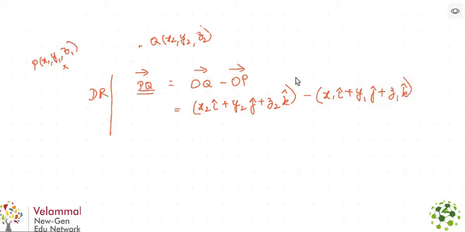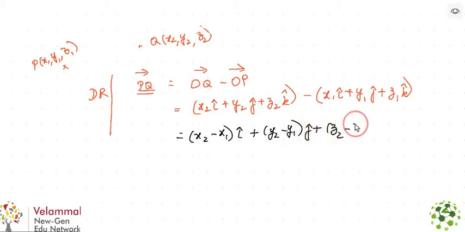When you subtract them, you get (x2 minus x1) i plus (y2 minus y1) j plus (z2 minus z1) k.